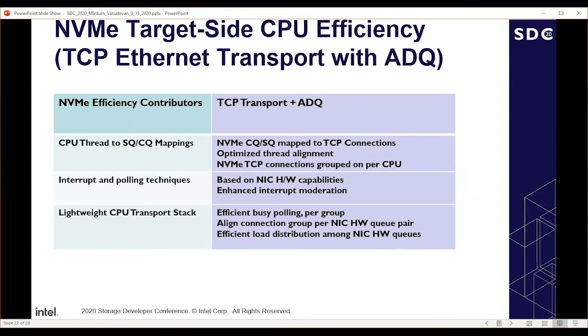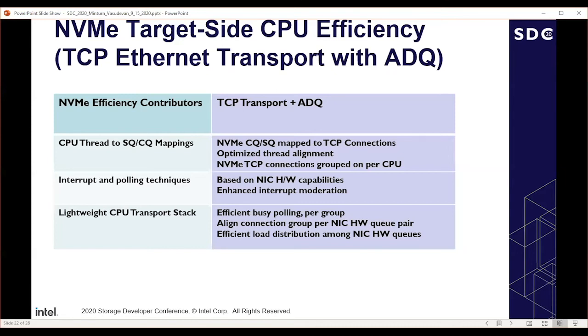Essentially, for the thread to CPU mapping, the thread to SQ-CQ mappings, we are doing this mapping by having the dedicated queues that we work with, and the optimized thread alignment allows us to align the IO thread that is servicing these NVMe requests with the queue set, and in particular a queue within the queue set.